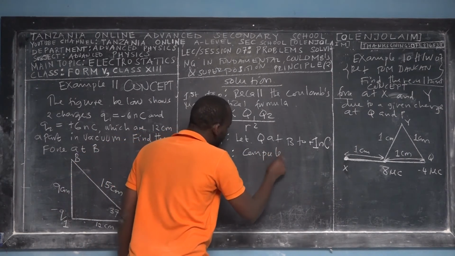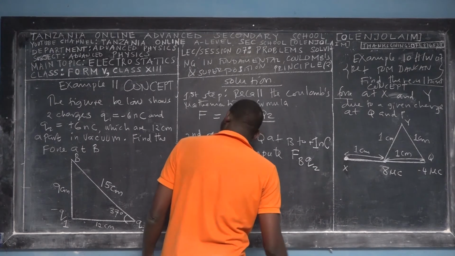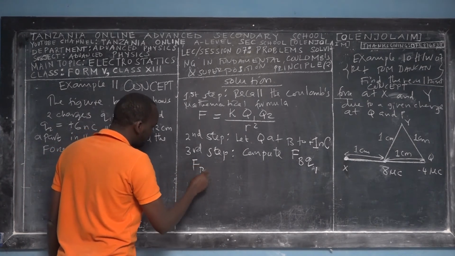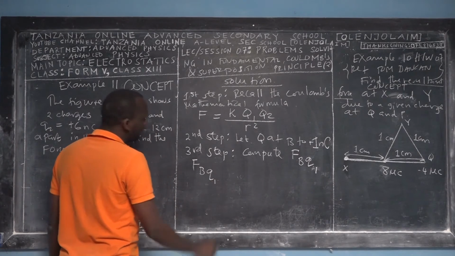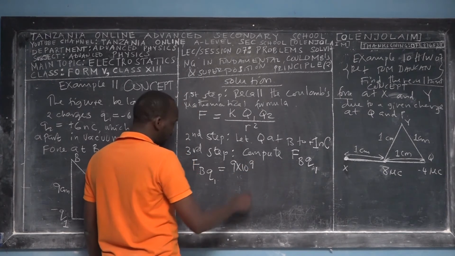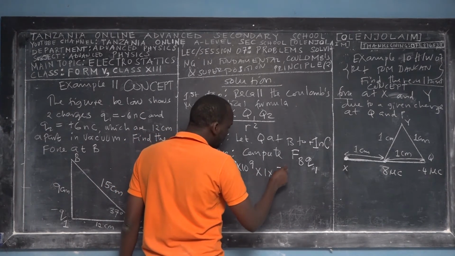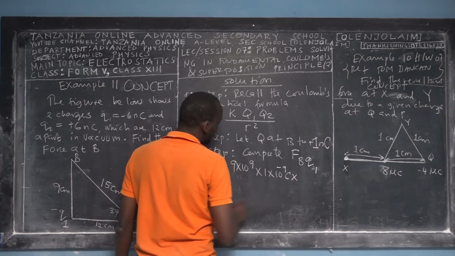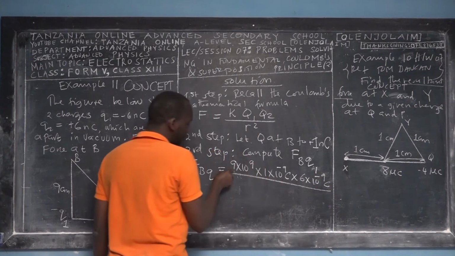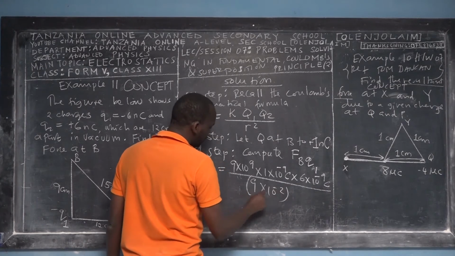Let us compute the force of attraction on point B due to Q1. The electrostatic force between QB and Q1 is equal to the proportionality constant, 9 times 10 to the 9, times the point charge, 1 nanocoulomb, which is 1 times 10 to the negative 9 coulomb, multiplied by Q1, which is 6 nanocoulomb, so 6 times 10 to the negative 9 coulomb, divided by the distance between them, 9 centimeters, so 9 times 10 to the negative 2 meter, squared.